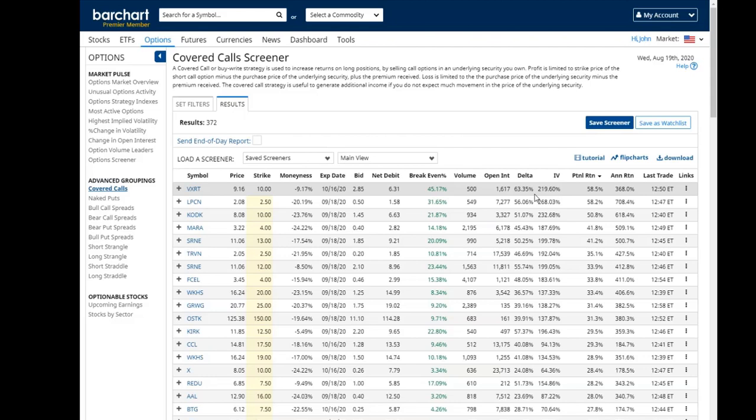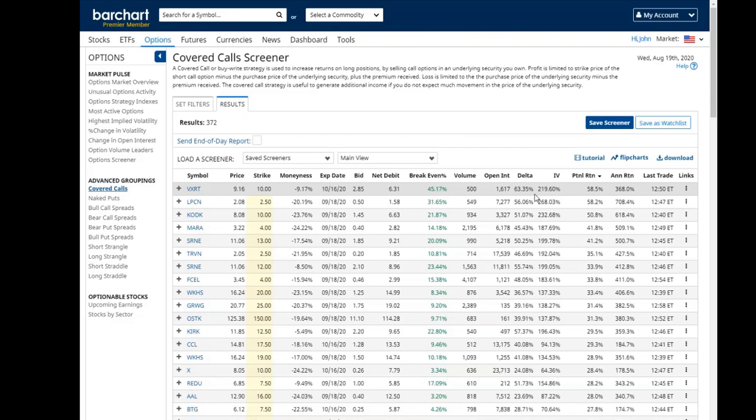Now, some of you who have other trading platforms, or you're executing options on other platforms, like Thinkorswim or TradeStation or TD Ameritrade, your delta on your option chain might be expressed in a decimal. So don't get confused here that 63% is a 0.63 decimal. That would be something that you'd be aware of.